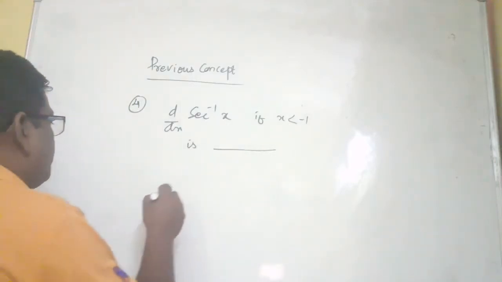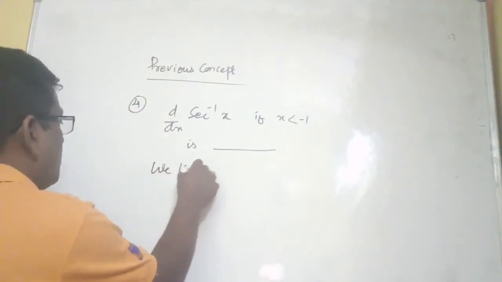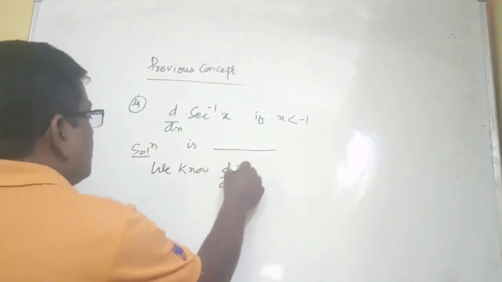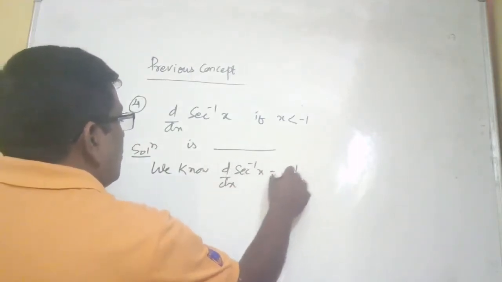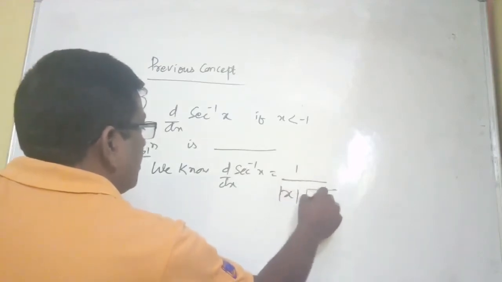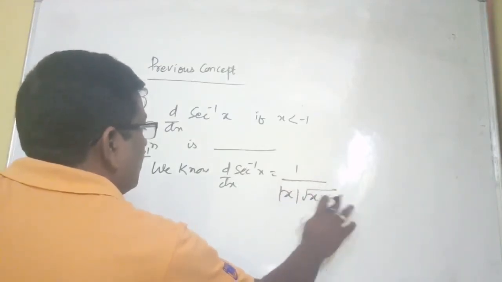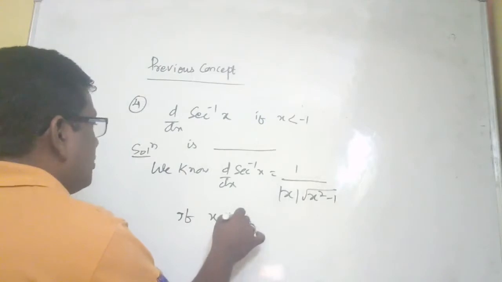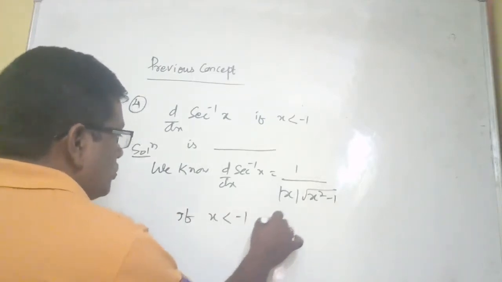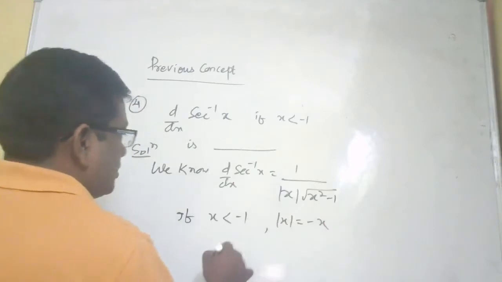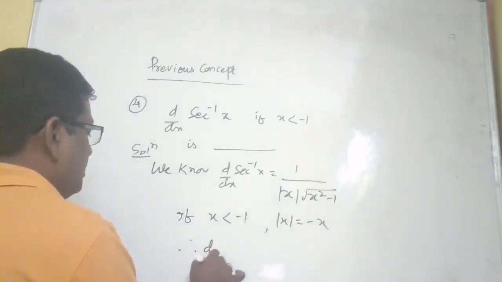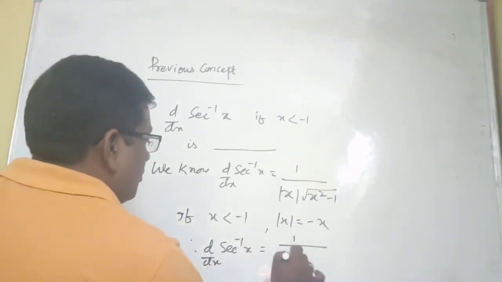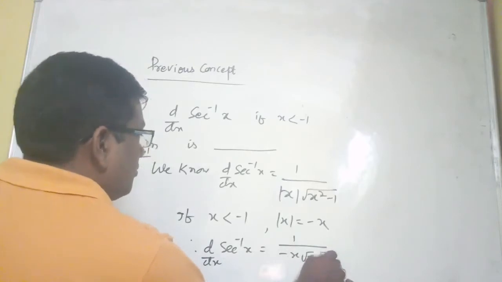We know, solution: d by dx of sec inverse x is equal to 1 by mod x root over x square minus 1. If x is less than -1, then mod x is equal to minus x. Therefore d by dx of sec inverse x is equal to 1 by minus x into root over x square minus 1.